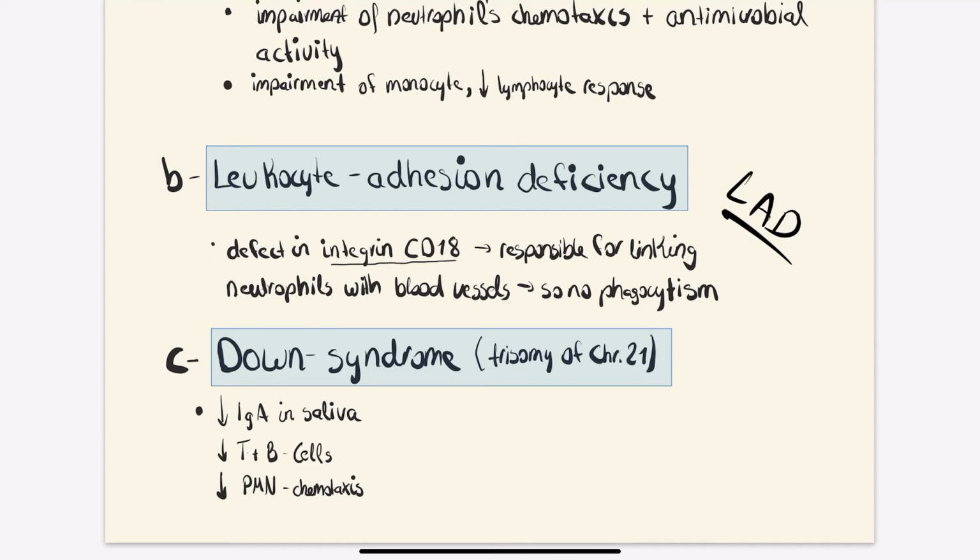I summarized the points of every deficiency and syndrome, so we can have an idea about the different types of diseases that affect the periodontium or the periodontal ligament.